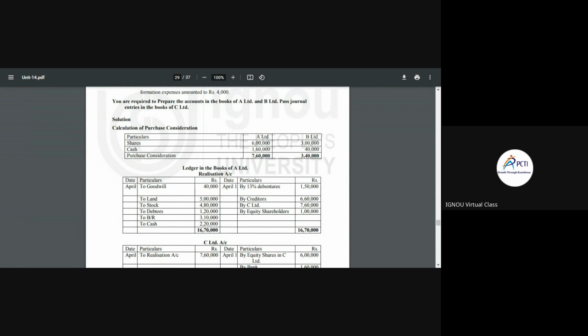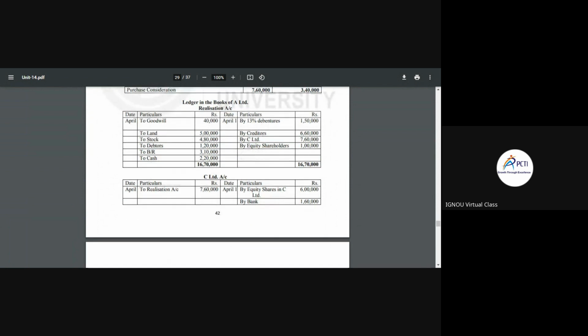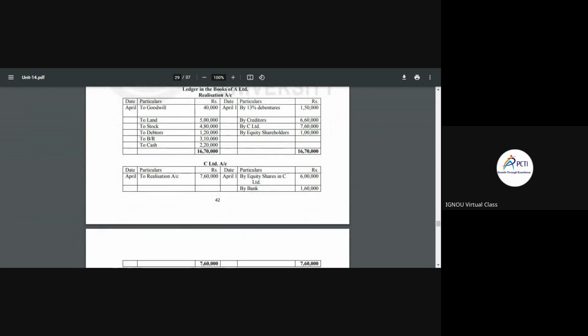Next one, we need to make the ledger in the books of A Limited, the realization account. First of all, we take the goodwill, then land, stock, debtors, bills receivable, and cash. On the liabilities side, we have the debentures, creditors, then C Limited, then equity shareholders. So the total of both the sides will be 16 lakh 70,000.